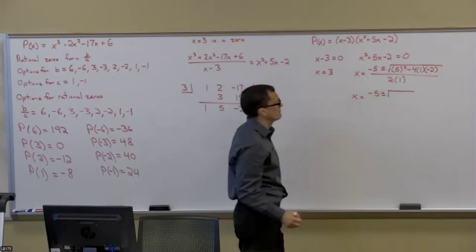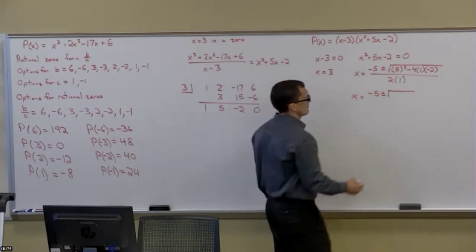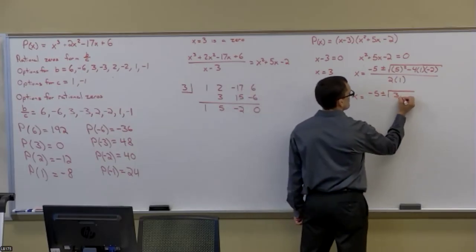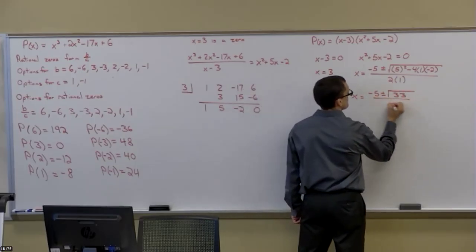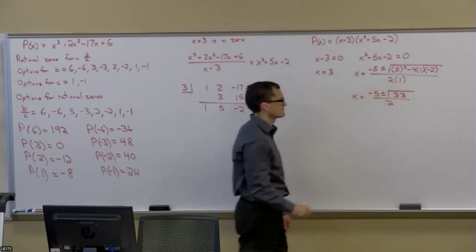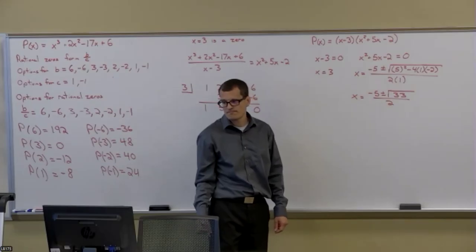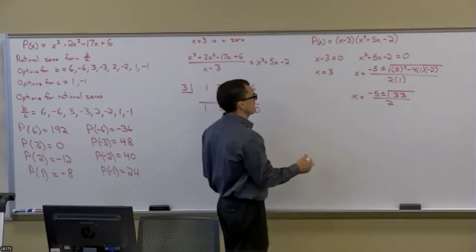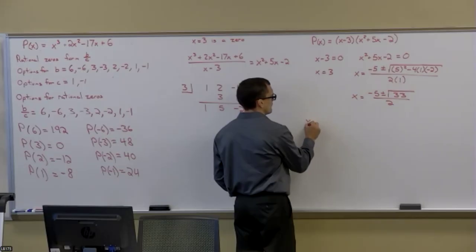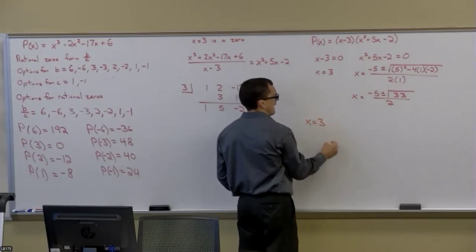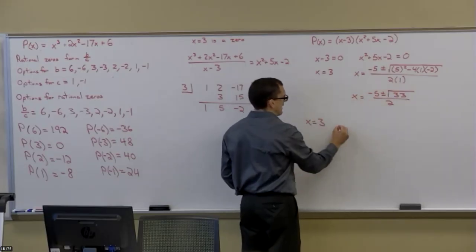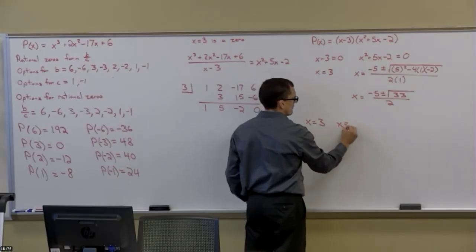It's going to be 25 plus 8, so that's a 33. And there you go. That's it. So now we can see the 3 zeros, and this gives us the exact value for the other two.